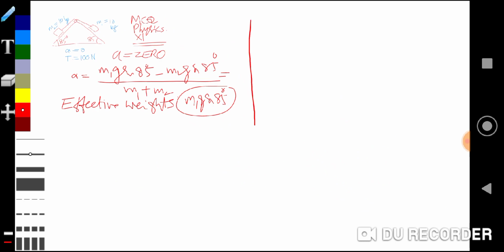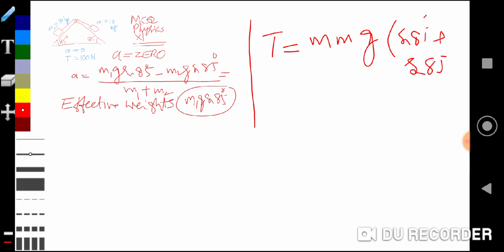You will have to keep this in your ready-made MCQs bank, that the acceleration for this case will be 0. Now the tension should be equivalent to m1 m2 g, because m1 and m2 are equal, therefore you can write m and m g bracket sine of 85 degree plus sine of 85 degree and whole divided by the sum of masses.